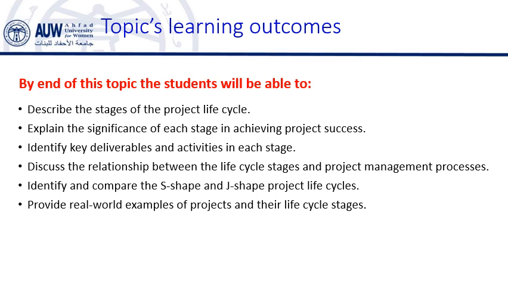Fifth, you will be able to identify the types of project life cycle, S-shape and J-shape, and to compare between them. You will understand 2 specific types of project life cycles, S-shape and J-shape, and how they are characterized by different patterns of effort and cost over time.